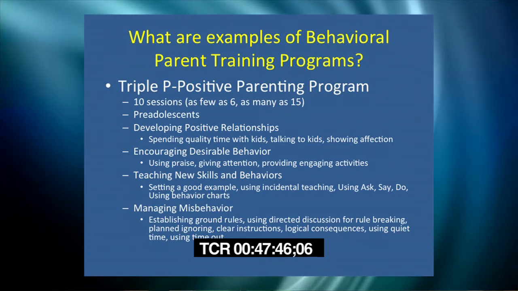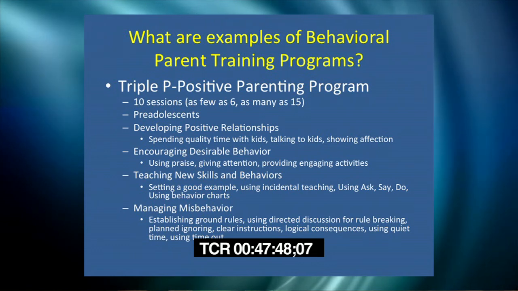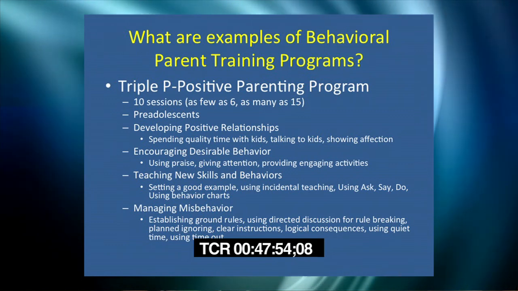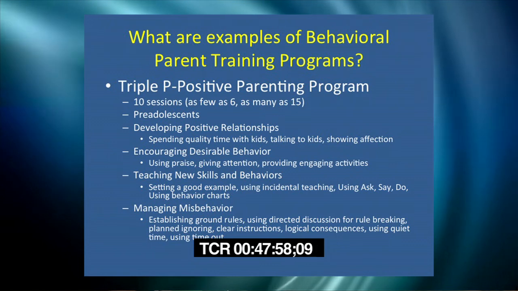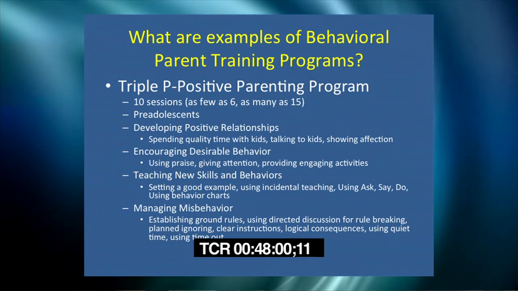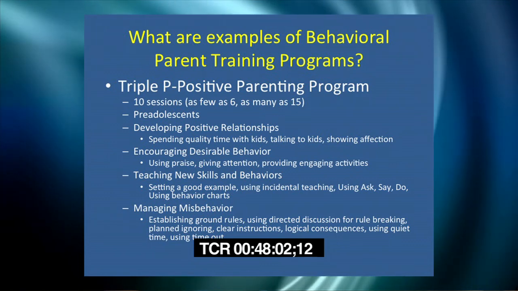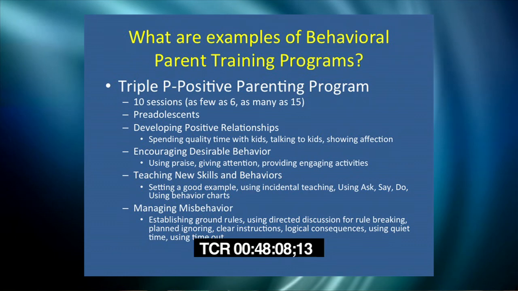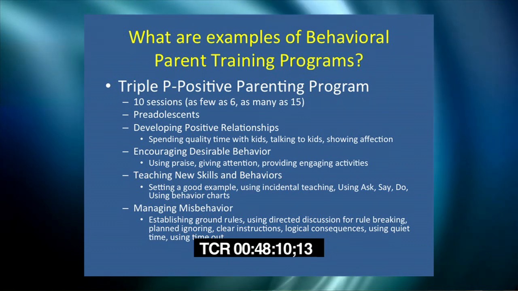It was developed for pre-adolescents, and it focuses on these 4 things: developing positive relationships, or how to spend quality time with kids, how to talk to kids, how to show affection, encouraging desirable behavior, aka strategically reinforcing desired behavior through using praise, giving attention, providing engaging activities.